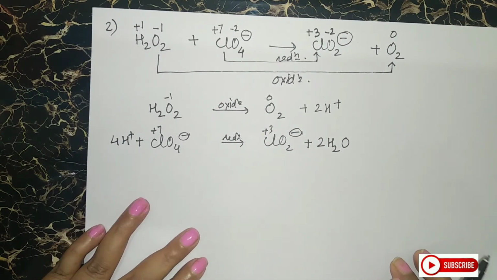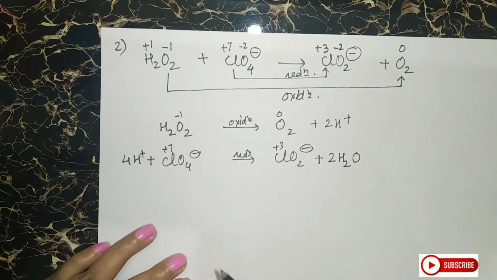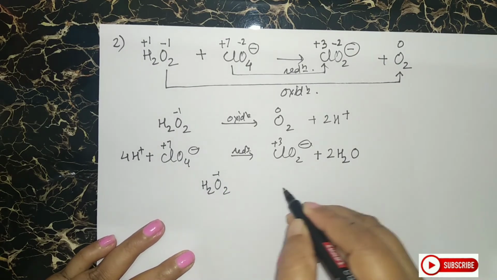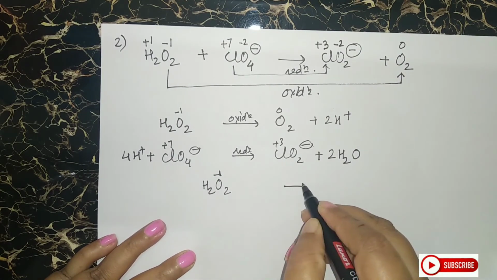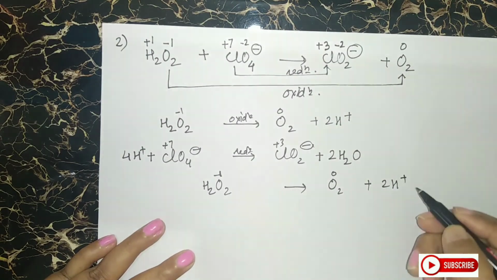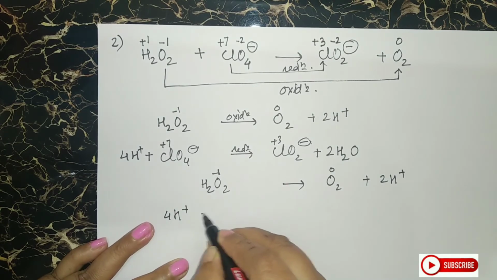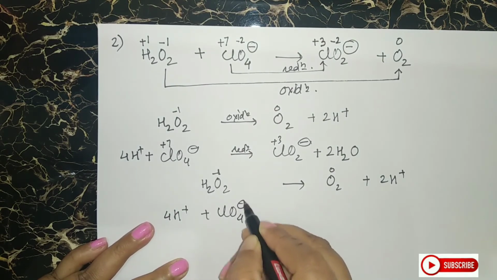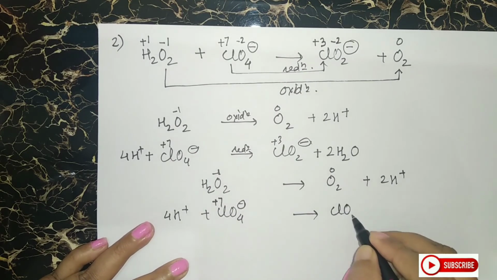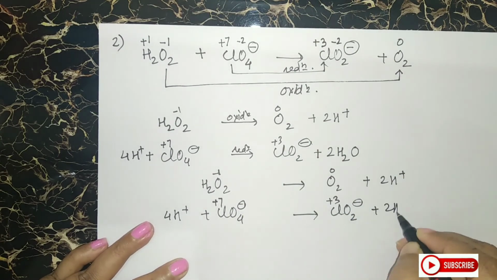The next step is I have to balance the electrons. To balance the electrons, I will write the equation again. So I will have H2O2 with -1 here in the oxidation state and O2. It's always convenient to write them separately in this form. So next is 4H plus, ClO4 in my +7 oxidation state gives ClO2 plus 3 oxidation and 2 H2O.